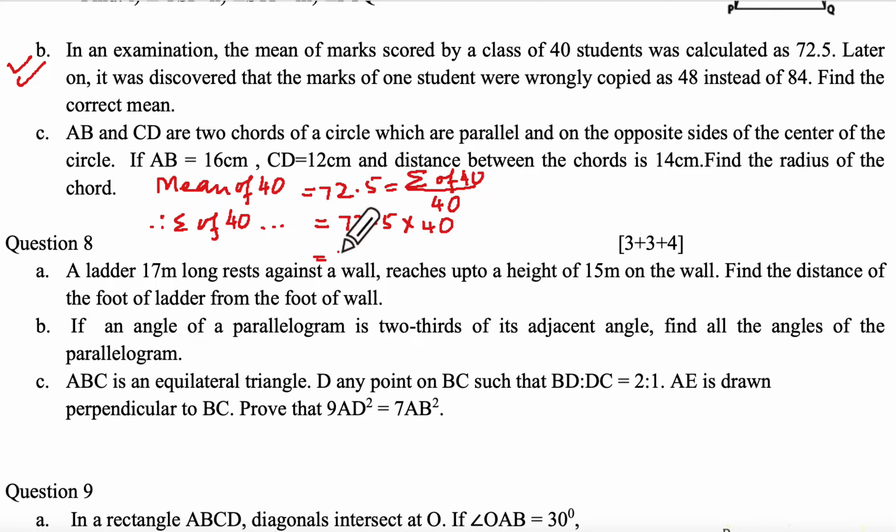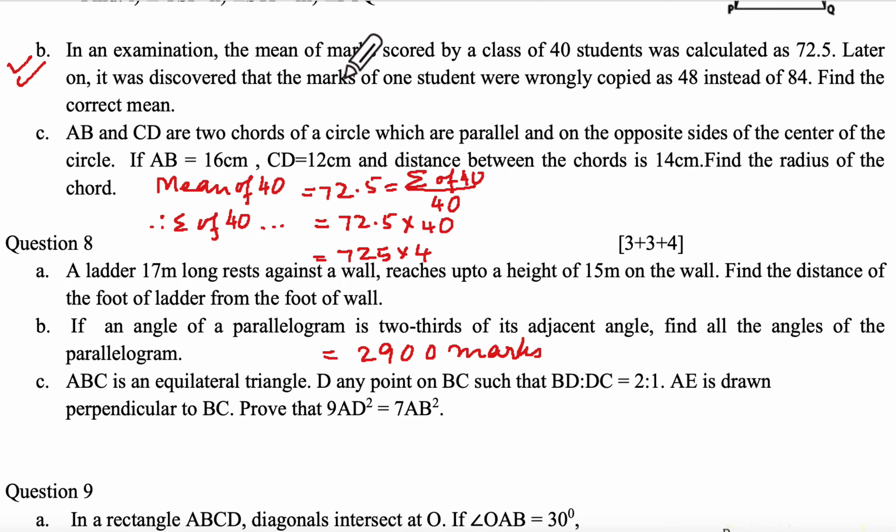How much is that? 725 into 4. How much is that? 4 5s 20, carry 2, 4 2s 8, 10, carry 1, 4 7s 28, 2900 marks. Isn't it marks? Yes. Please write marks over there. Otherwise 1 mark will go if you don't write anything.